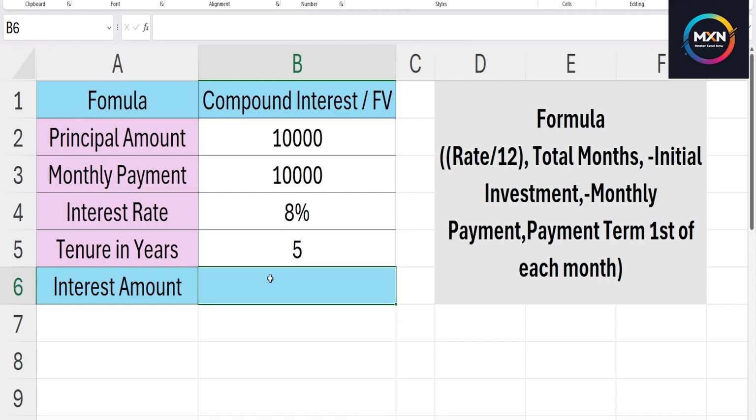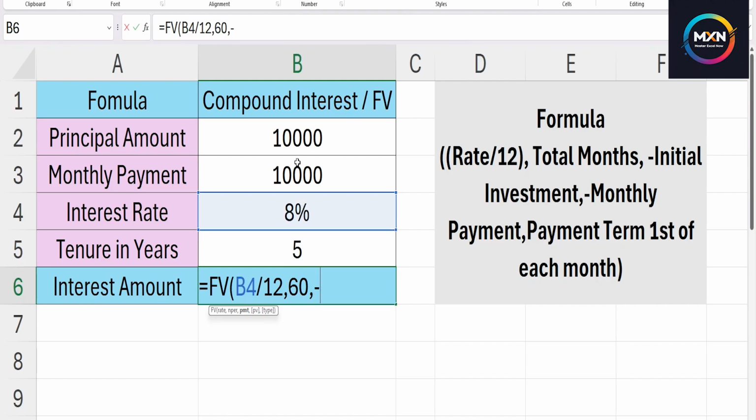So if we were to now put this formula into action, is going to be equals to FV for future value, bracket open. Then first is the interest rate. So our interest rate is 8% divided by 12, comma. Then total months, it's 60, comma. Then initial investment.